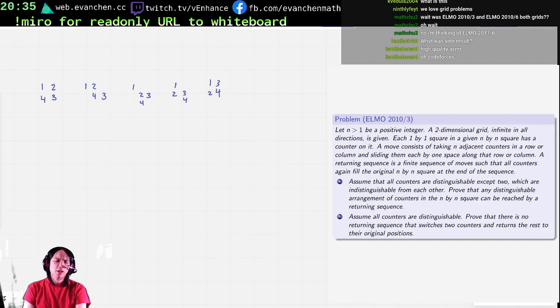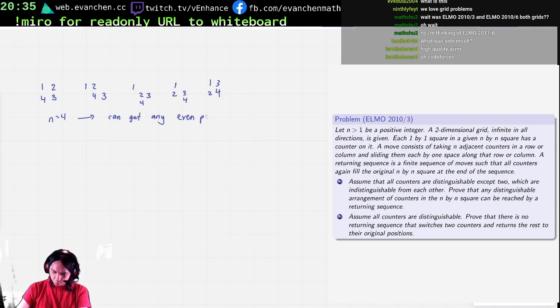For 4 this is fine, because the only even permutations on 4 things are 3 cycles and two transpositions, which is what you get when you compose 2 3 cycles. So at least for n equals 4, we already have a proof that we can get any even permutation.